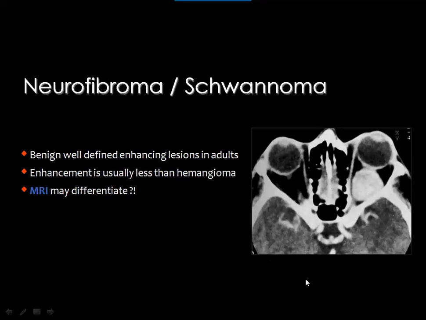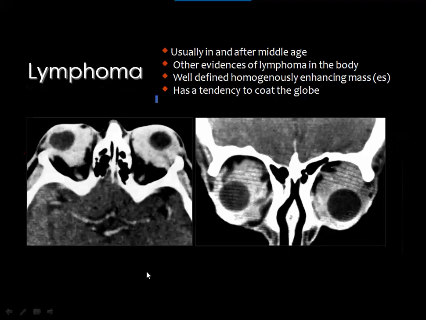Then also the hemangioma enhances vividly by contrast, while the schwannoma and the neurofibroma are less enhancing. But if you are in the differential diagnosis, you should select the common lesion in the orbit, which is the cavernous hemangioma.